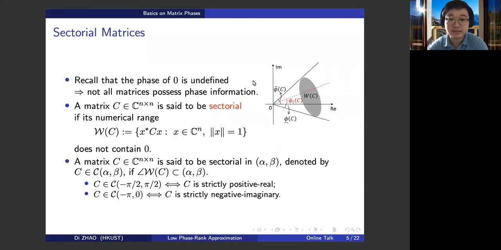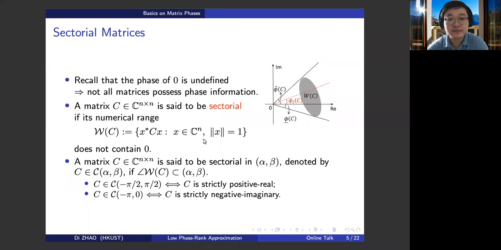A matrix is said to be sectorial if its numerical range doesn't contain 0. The numerical range of C is just the quadratic form on C, that is x star Cx, where x is a complex vector with unit length.